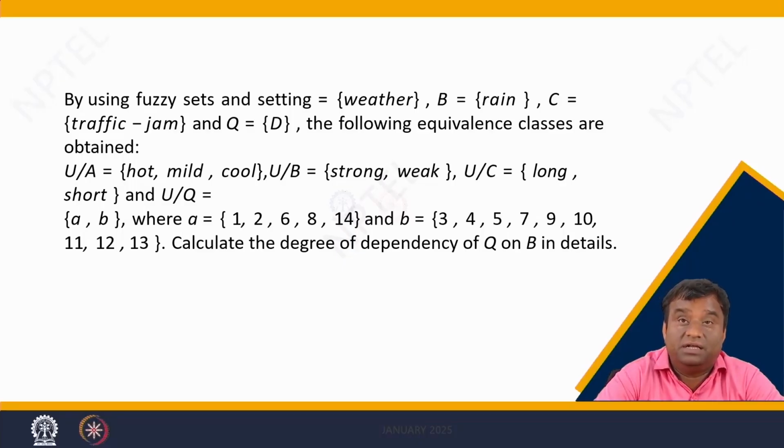So here we calculate the degree of dependency of Q, that is the decision attribute, on B. Last class we calculated it on A. So let's check the calculations.